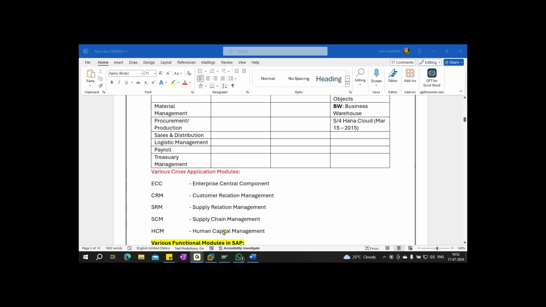There are various cross applications in SAP. First, ECC, Enterprise Central Component.